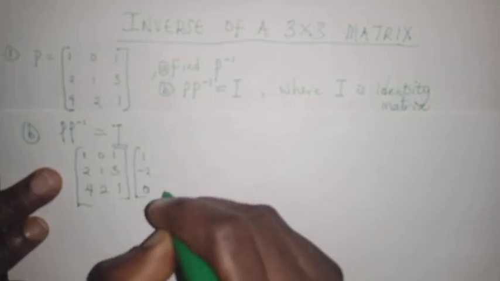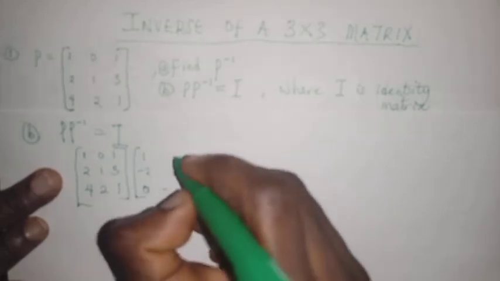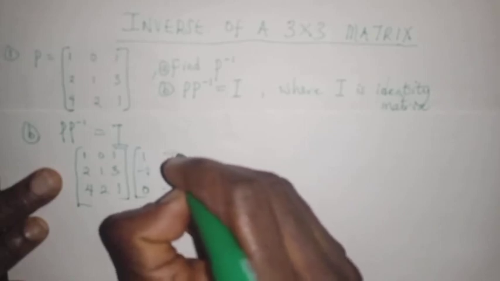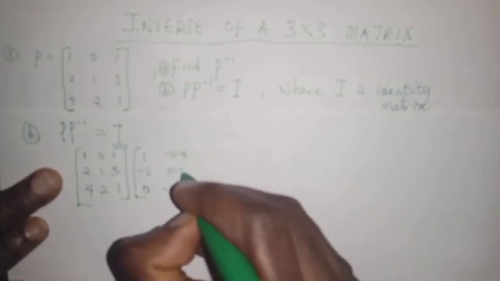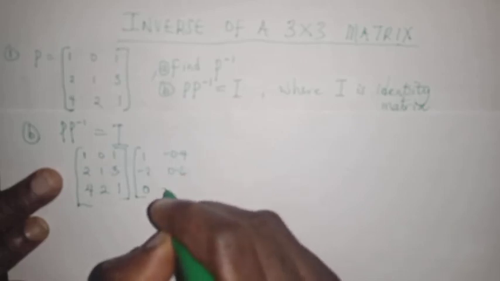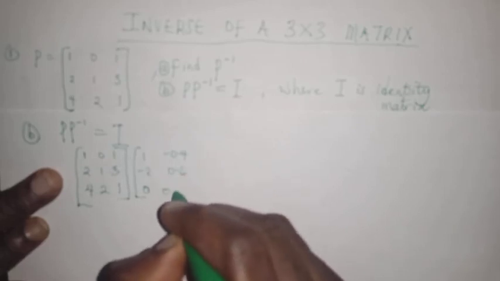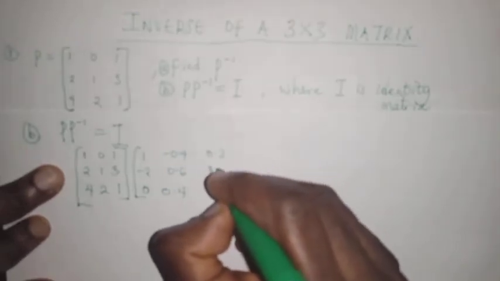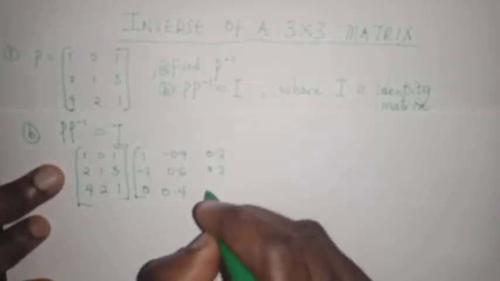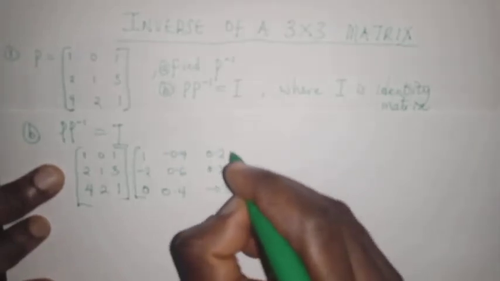Then we have minus 0.4, 0.6, and 0.4. Then 0.2, 0.2, 0.2, 0.2, and minus 0.2.